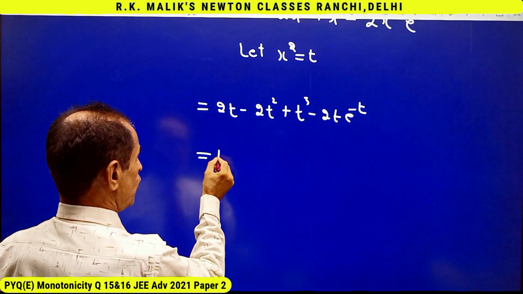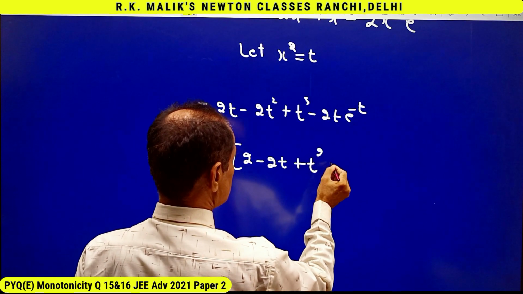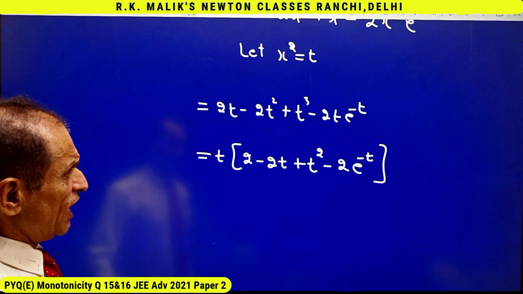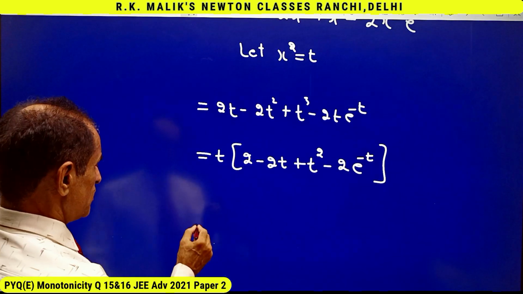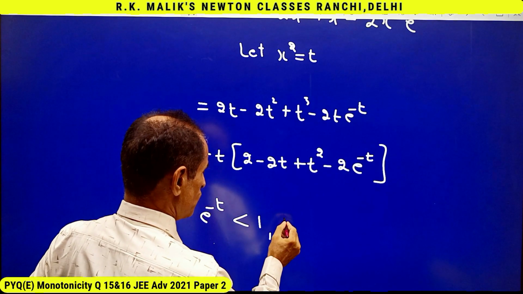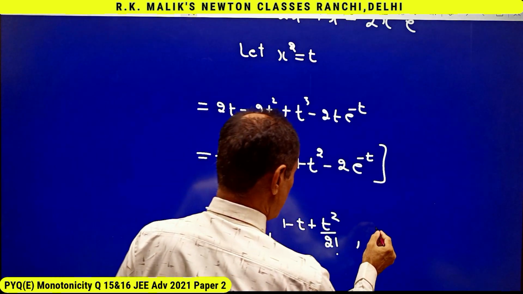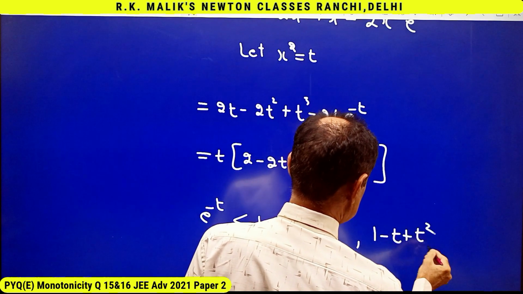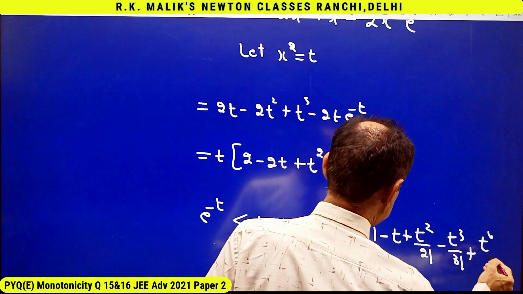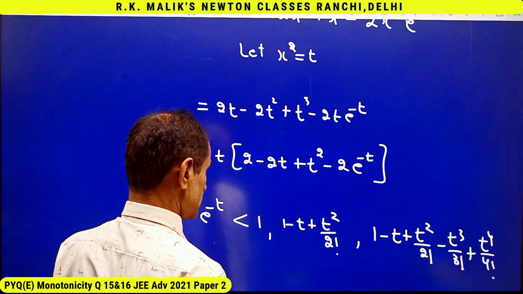That is, I have to check the sign of 2 minus 2t plus t square minus 2 e to the power minus t. As I just now explained, the value of e to the power minus t is less than 1, and less than 1 minus t plus t square by 2 factorial, and so on.